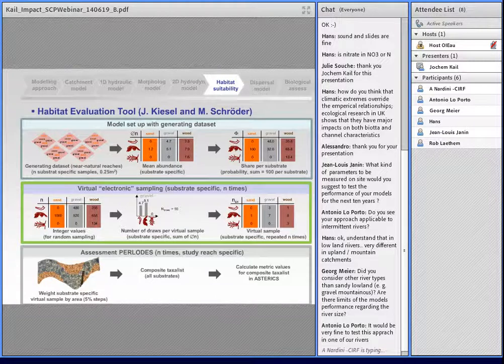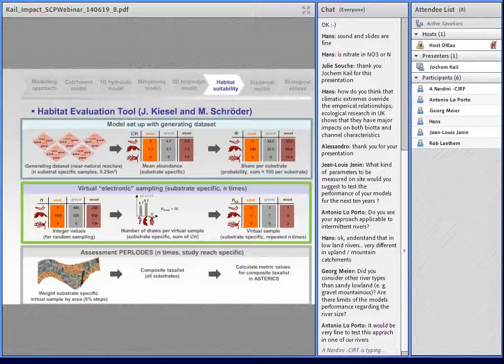Actually, it was even easier to apply the approach there because we have better morphodynamic models for these gravel bed rivers and a better understanding of sediment transport and less influence of biological aspects like macrophytes there. So I think it should be even easier or is easier to apply there.